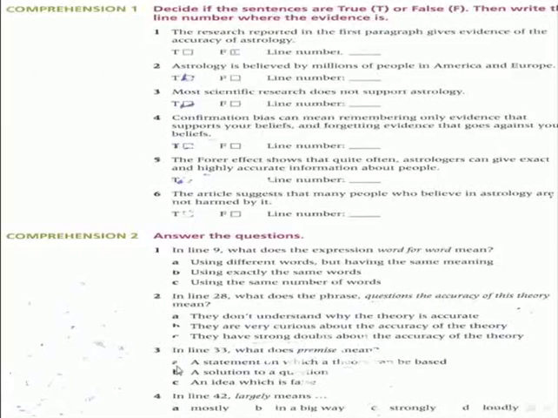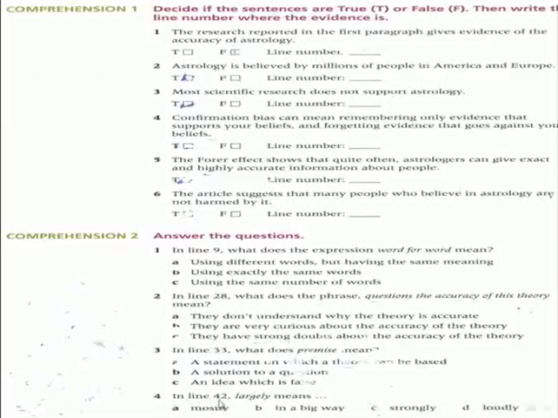Is it A, a statement on which a theory can be based, B, a solution to a question, or C, an idea which is false? This one is false, and this one is a question. The answer is A. A statement on which a theory can be based.